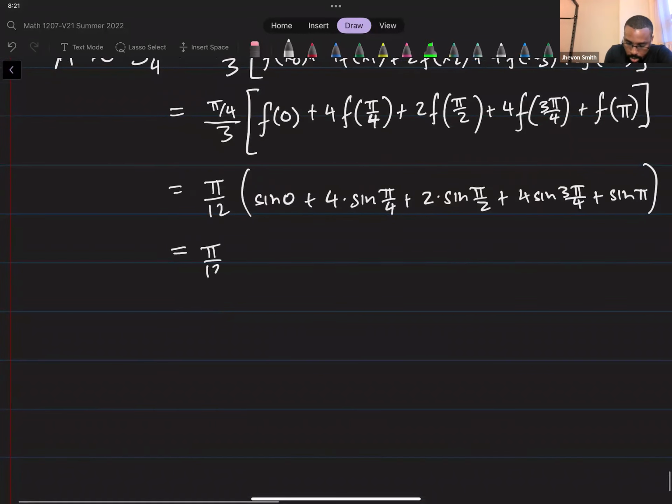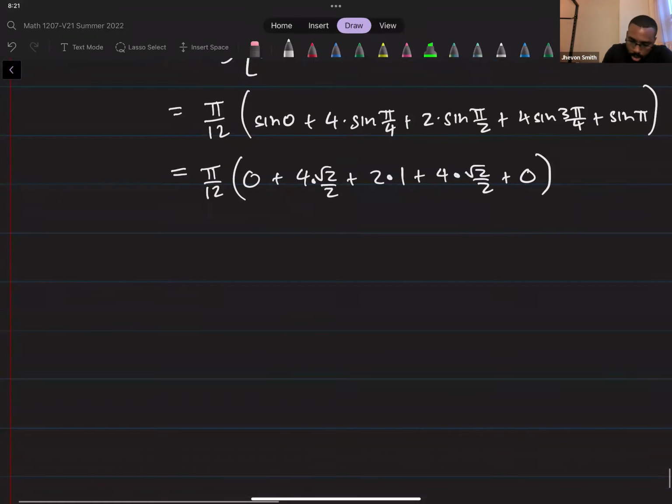So now we plug these in. Sine of 0 is 0. Sine of pi over 4 is rad 2 over 2. Sine of pi over 2 is 1. Sine of 3 pi over 4 is rad 2 over 2. Sine of pi is 0. So this gives me pi over 12 times 2 rad 2 plus 2 plus 2 rad 2.